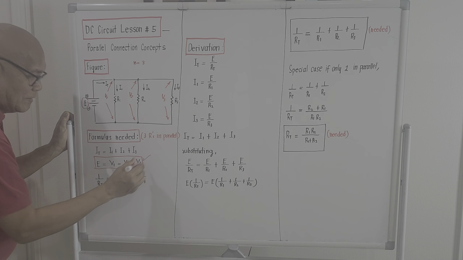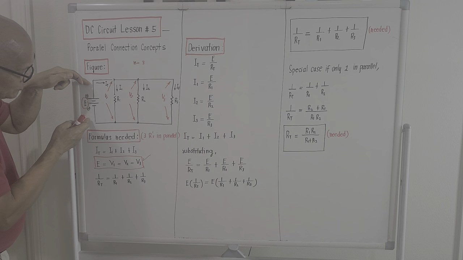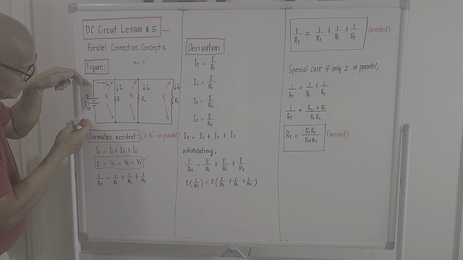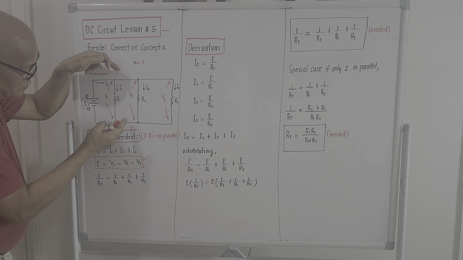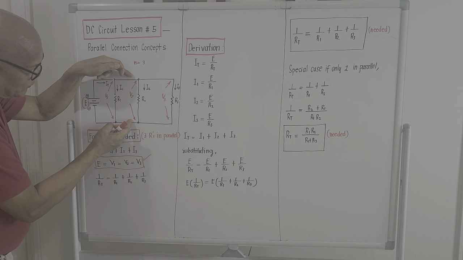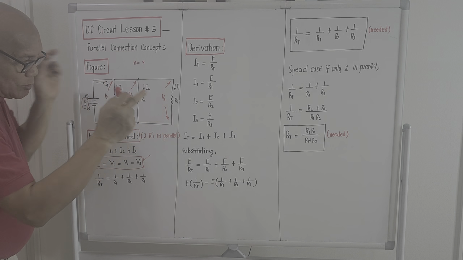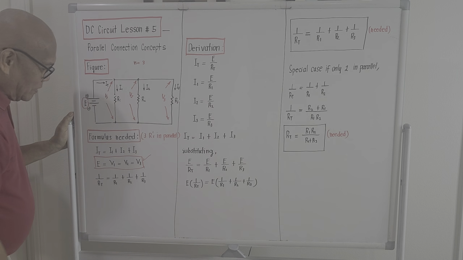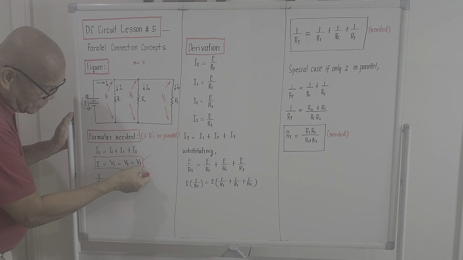The voltage across the source is the same as the voltage across R1, same as the voltage across R2, same as the voltage across R3. So for a connection to be parallel, the applied voltage should be equal to V sub 1, equal to V sub 2, equal to V sub 3.